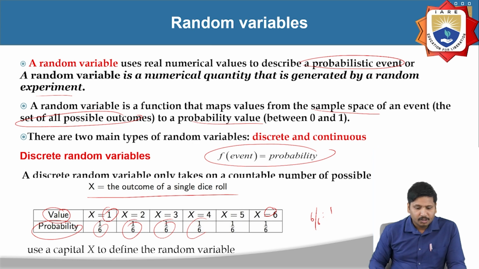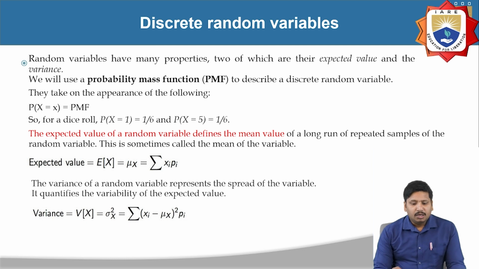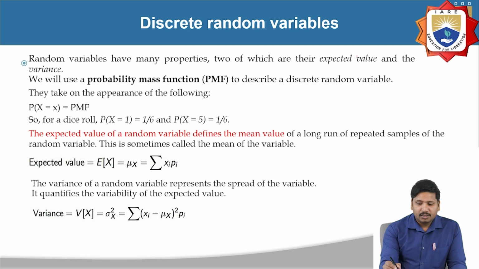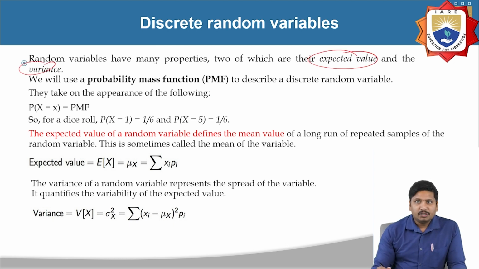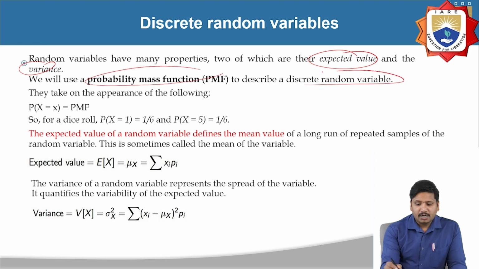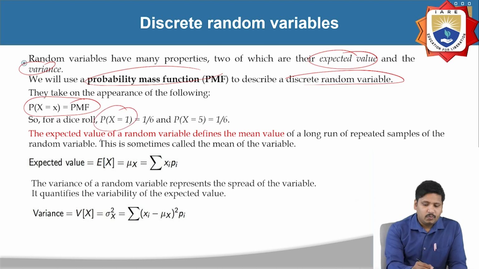A random variable has many properties, such as expected value and variance. The probability mass function is used to describe this random variable, and it is represented as p of x equal to x. So that means p of x is equal to 1.